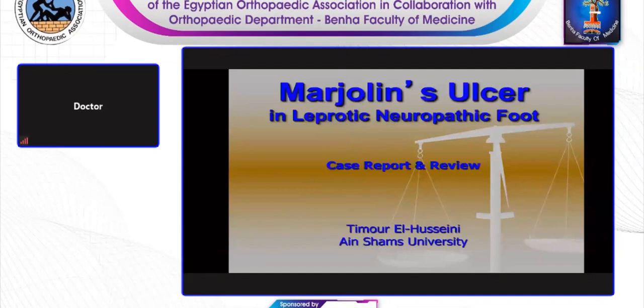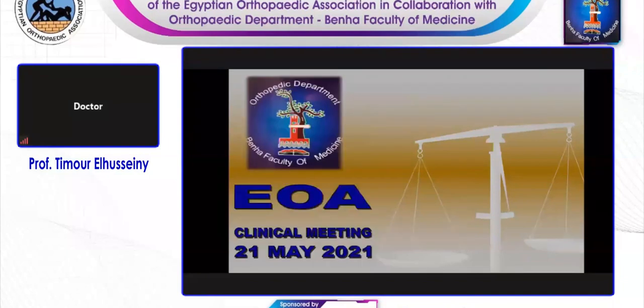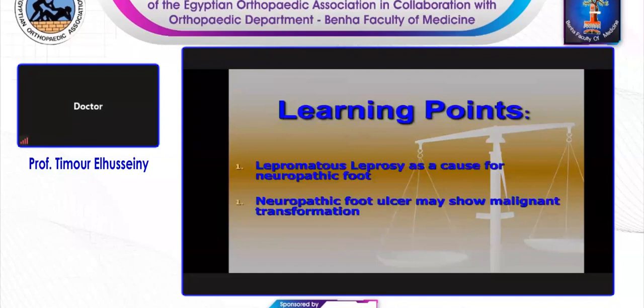I'm talking about marginal ulcer in neuropathic foot affected by leprosy, lepromatous leprosy. It's a case report with some short review which is going to remind us all about this not very common presentation.